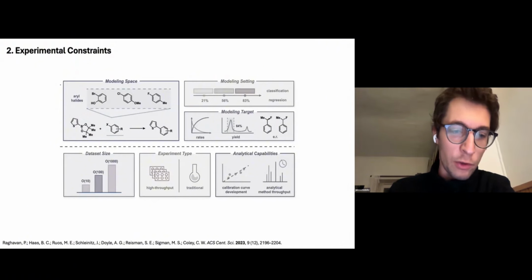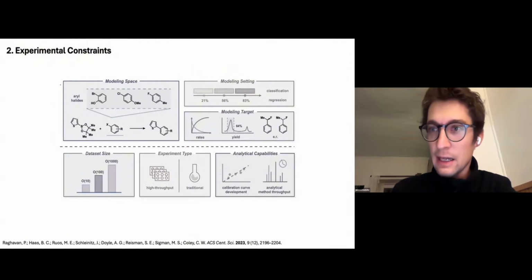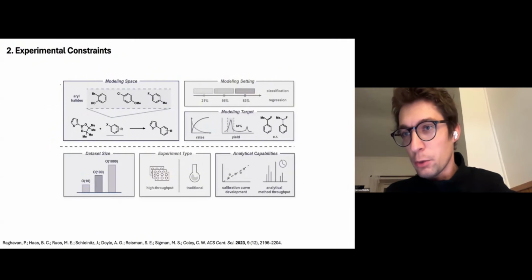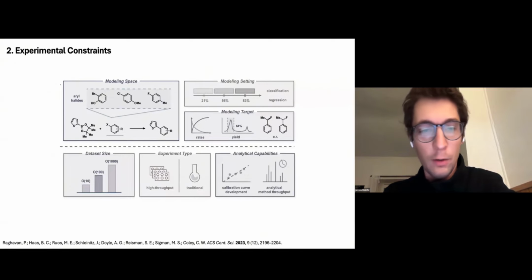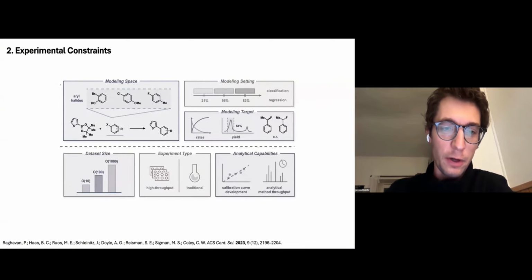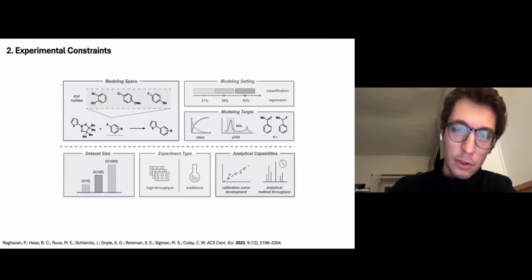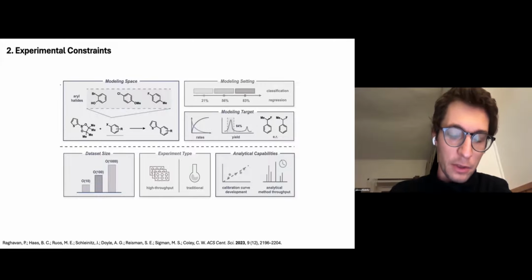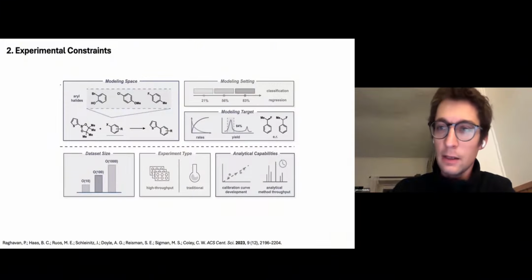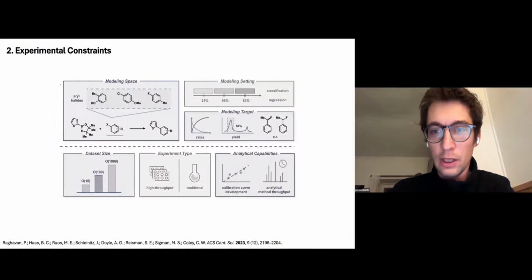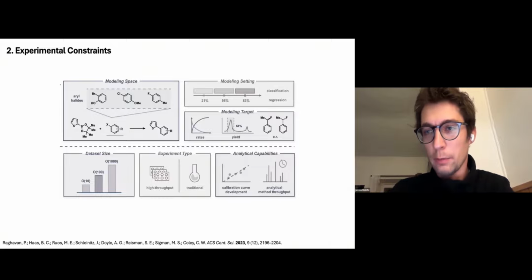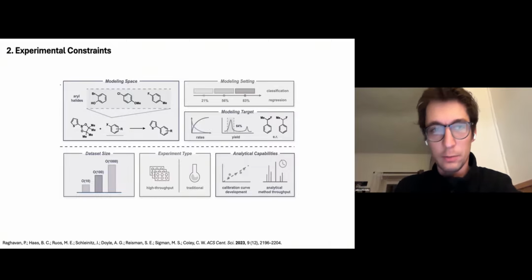Now, when you vary one or two or three types of conditions, usually the data set size you want to predict on will increase as a power law of the number of conditions you're going to vary. So you're pretty limited in that, especially if you do just traditional batch experiments. You can go a bit further in terms of parameters if you use high throughput. And then depending on the target you're looking at, you might have to make concessions on the chemical space you want to explore.